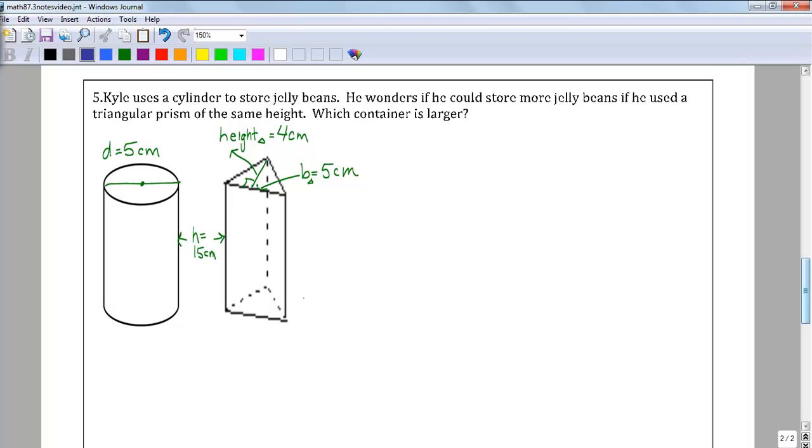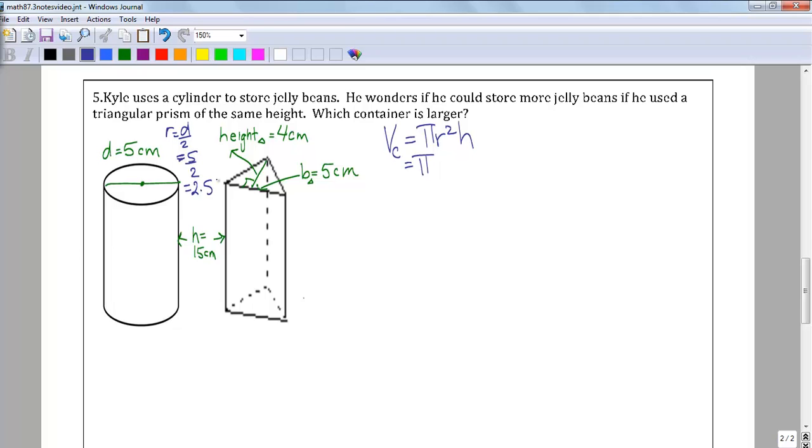So this says, Kyle uses a cylinder to store jelly beans. He wonders if he could store more jelly beans if he used a triangular prism of the same height. Which container is larger? Okay, so we'll do 2 questions in one here. Let's find the volume. I'm going to say C for cylinder first. Pi r squared times height. If diameter is 5, that means that radius is diameter divided by 2.